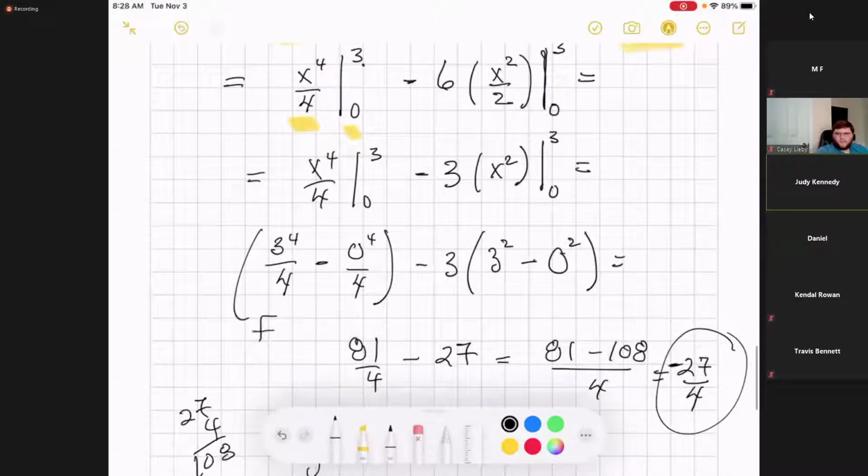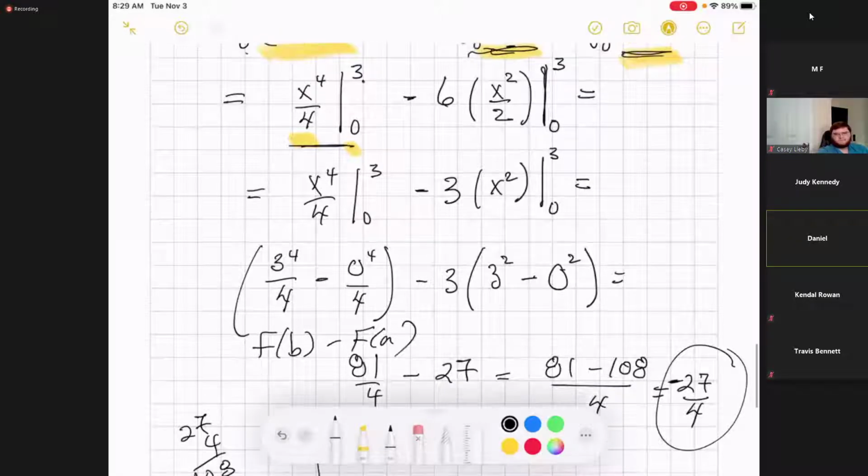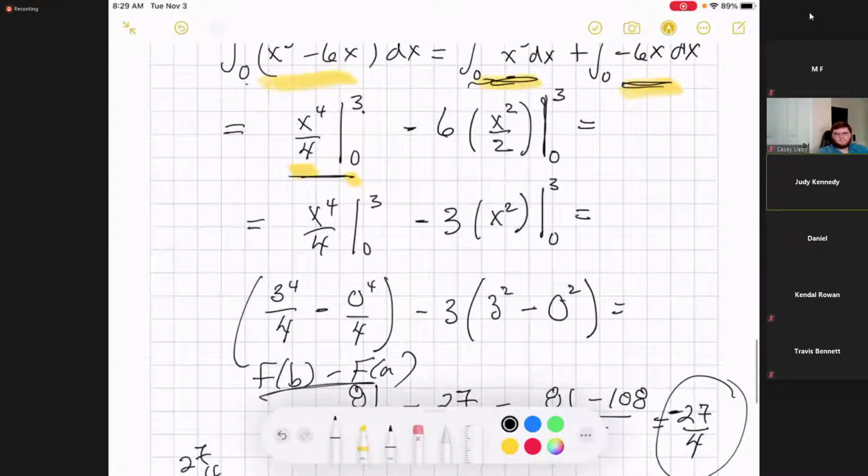Right, so this is basically F of b minus F of a. In fact, this function is capital F. That's the antiderivative for x cubed.